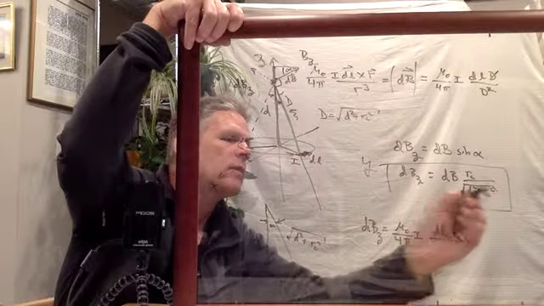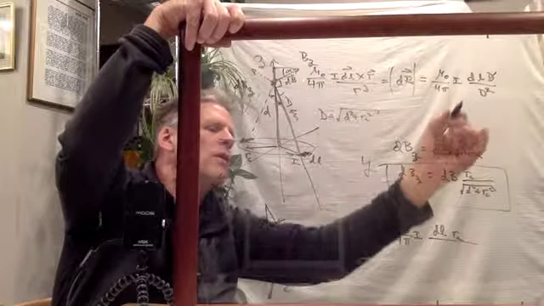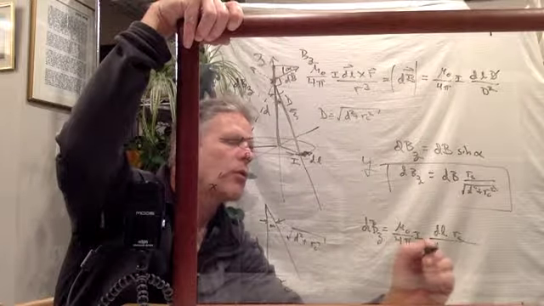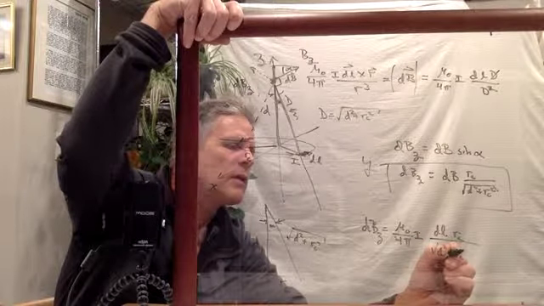And then this, what is this? This is just d, but we already have a d squared here, so let's go ahead and put that all together because that's going to be d squared plus r sub c squared.